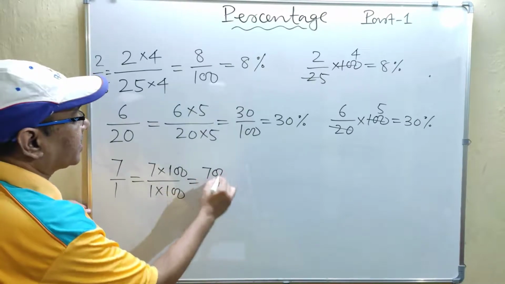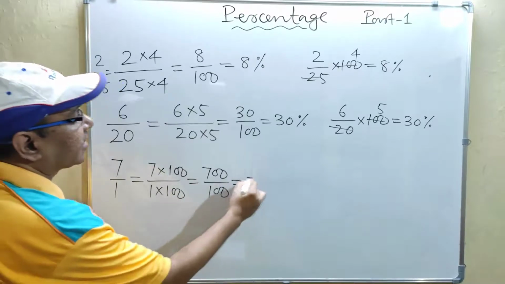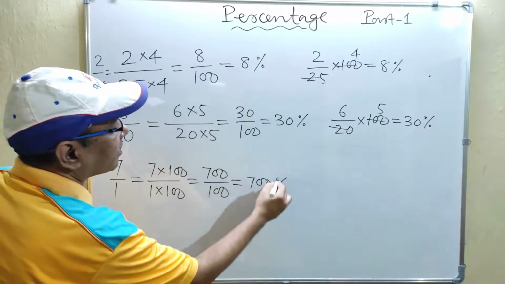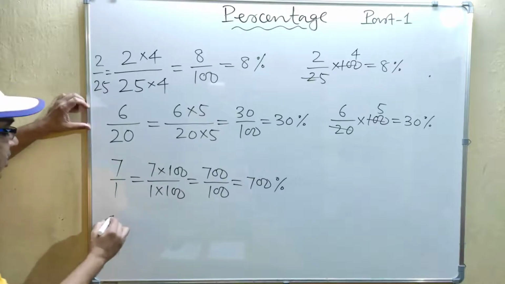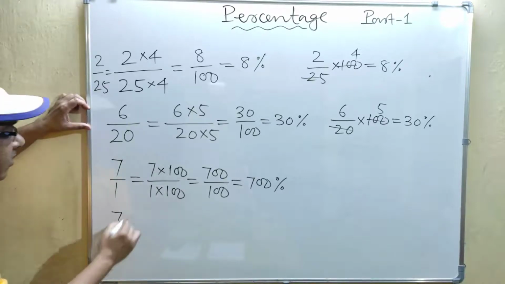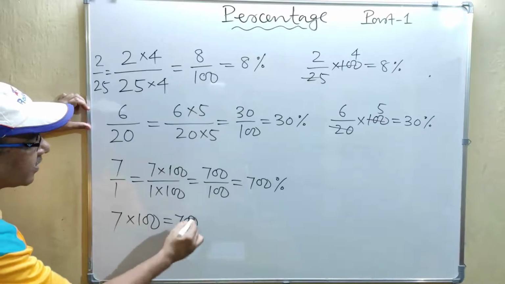So this becomes 700 by 100. Now denominator is 100, so numerator is your percent. So it is 700%. So simply 7, if you want to convert it into percent, multiply it by 100. 700%.